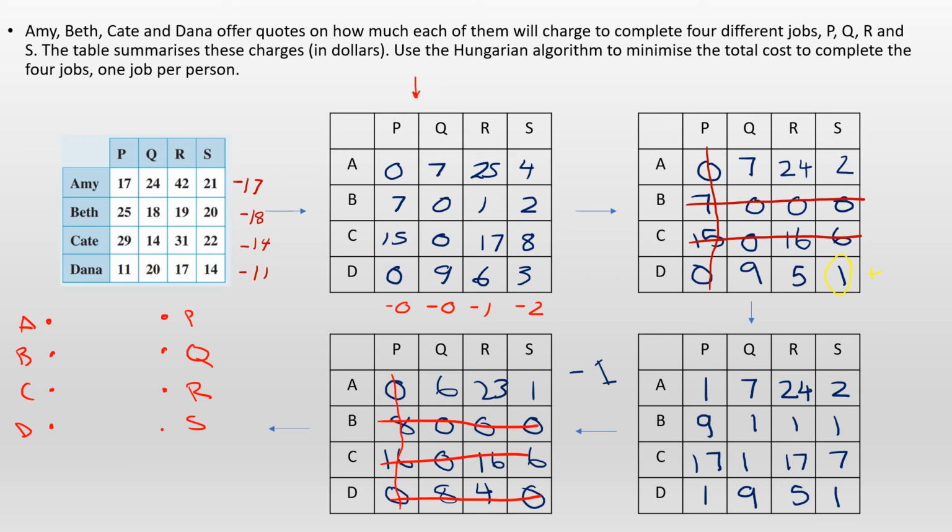So now looking at the table in my final one I've just drawn, in Amy's row, she has a 0 only at P. So I'm going to draw a line from A to P. Looking at Beth's row, she has 3 zeros at Q, R, and S. So I'm going to connect those up.